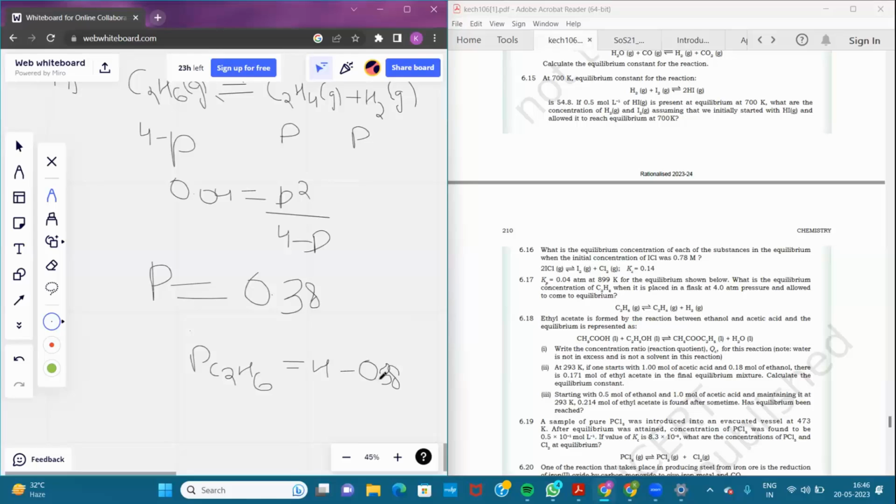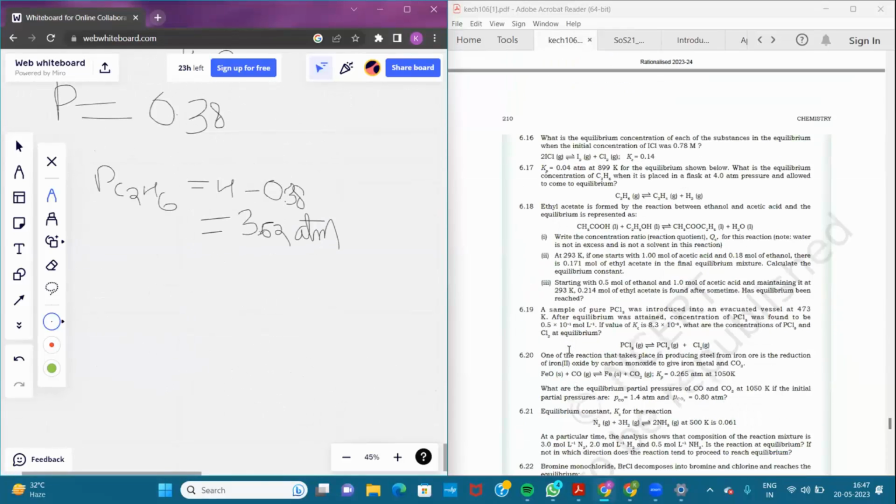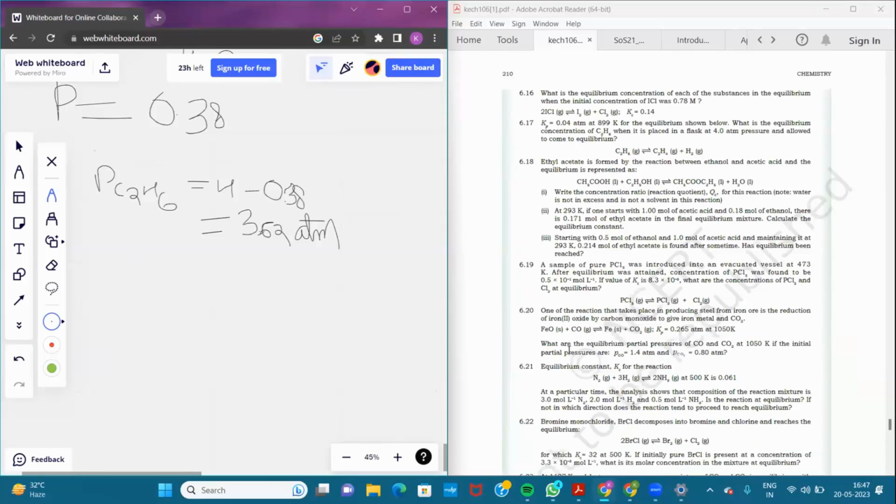Please do take note of that. The answer is 3.62 atmospheres, as the given pressure is in units of atmospheres. Then we'll proceed with the next question.